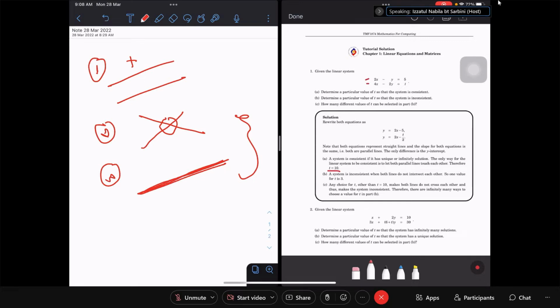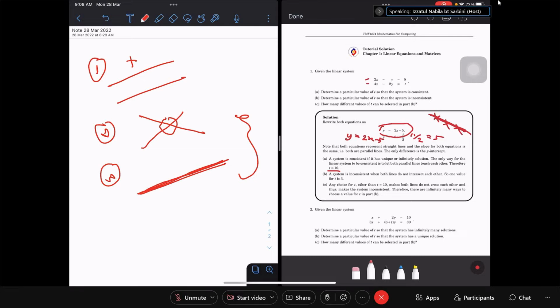Why? Because if t is equal to 10 over 2, then equal to 5, right? So the second equation will be 2x minus 5, which is the same as the first equation. If you draw the line, they will intersect with each other, so you are going to have many solutions. This is the easiest way to answer these questions.